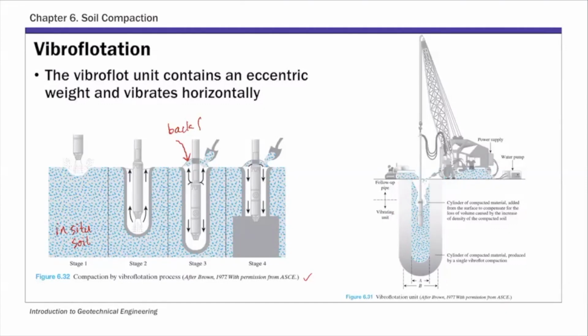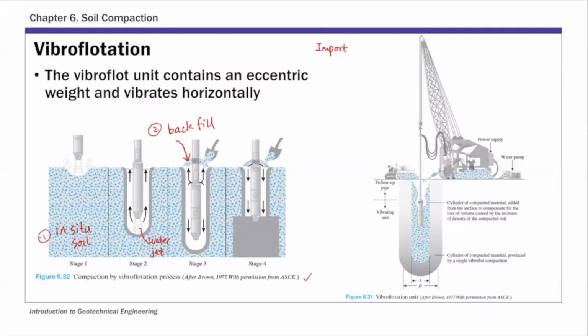If you look at this picture, during this process, you're lowering this vibrofloat unit and use this high pressure water jet at the bottom to create a quick condition. So basically, you lower your vibrofloat unit to desired depths, and then you fill this hole with backfill material. So there are two types of soil, so in situ soil and backfill.